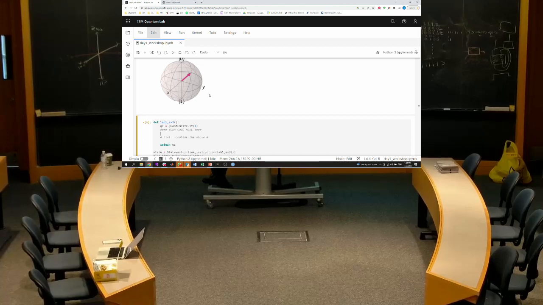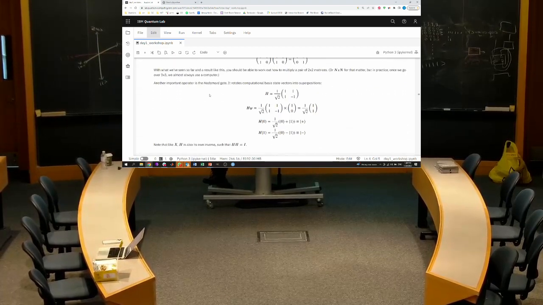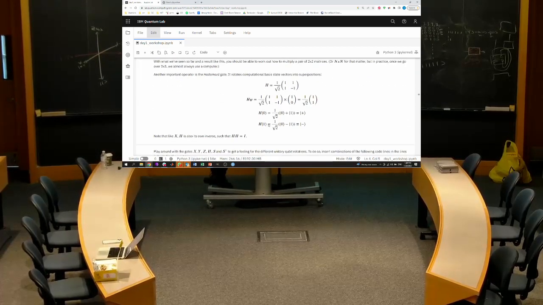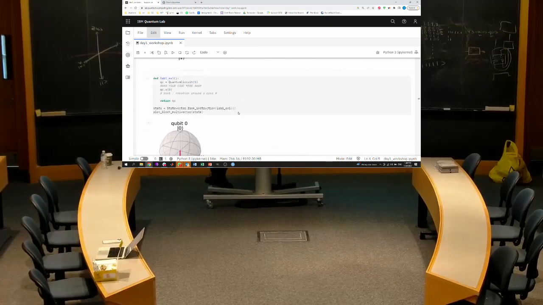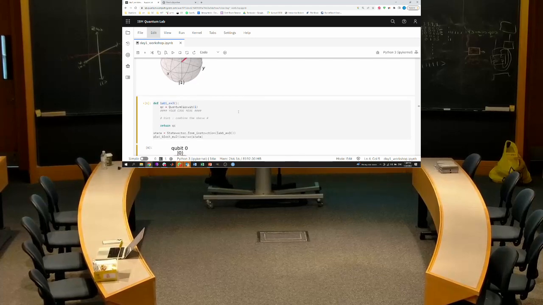Maybe if we go to 1 and then do a Hadamard gate, maybe it will get us to the minus, because we saw they are connected. And you can also go above and you see if you apply the Hadamard gate on 1, the result is what we call minus. So here you need to take 2 steps to get to where you want.